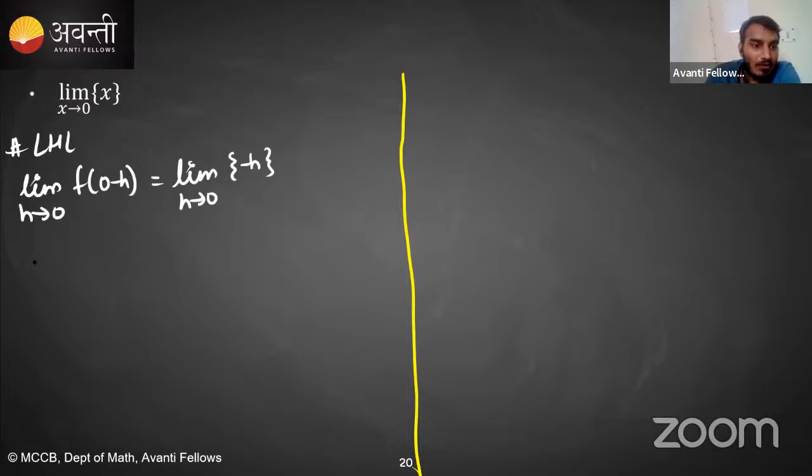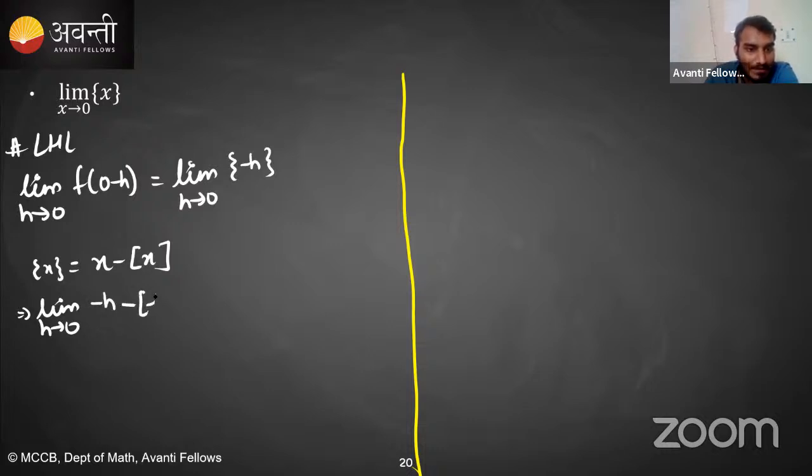So first of all, tell me what is fractional x? Fractional x is nothing but x minus box of x. So this can be written as limit h tends to 0 of minus h minus box of minus h. This part is 0, right?